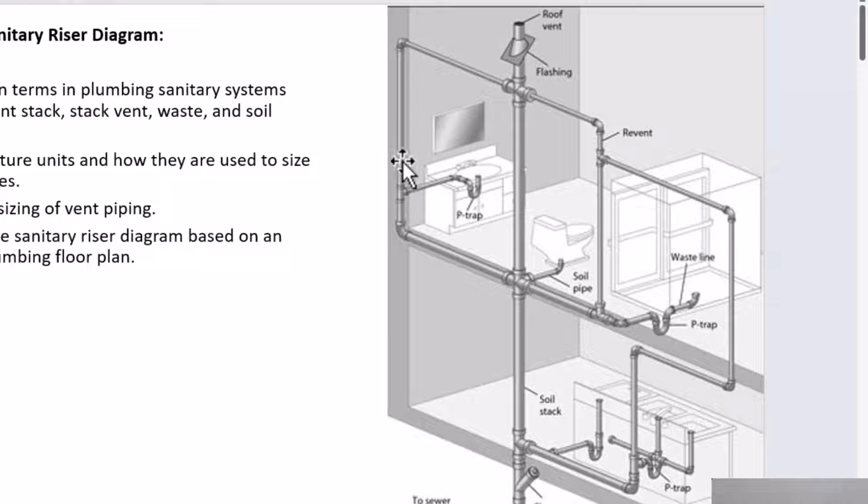Without this vent, this P-trap can actually siphon out, which means that if enough water is flowing through this and it doesn't have a vent, it can drain out the water seal in this P-trap. And without a water seal, you have exposure of the sewage system to the indoor conditions. So the sewage gases can actually end up in your living space without this trap seal. So you want to maintain that trap seal, and the way it's done is with these vents.